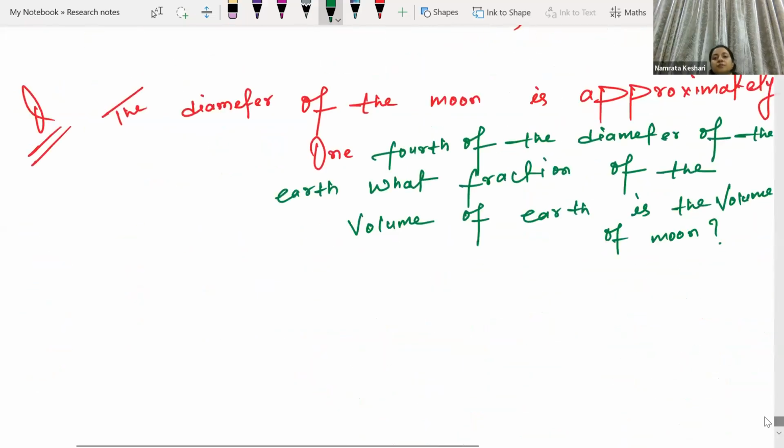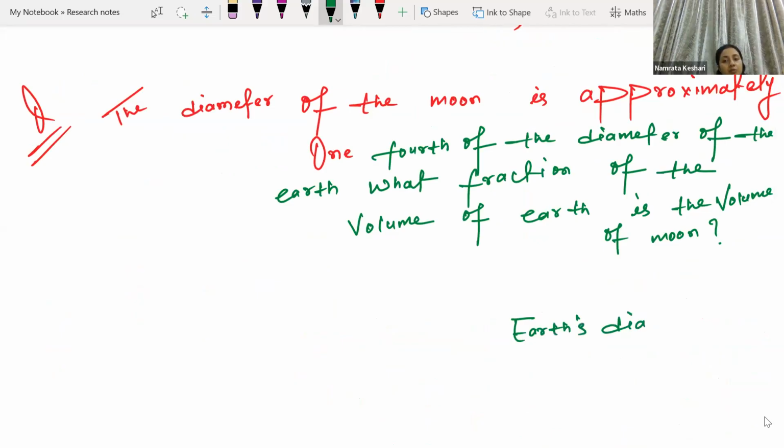The diameter of moon is approximately 1/4 the diameter of earth. Okay, moon's diameter is 1/4 the earth's diameter. If you are saying the diameter, see, the diameter of moon is dependent on earth. That means you need to assume earth's diameter at first.